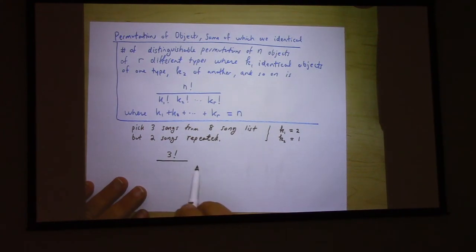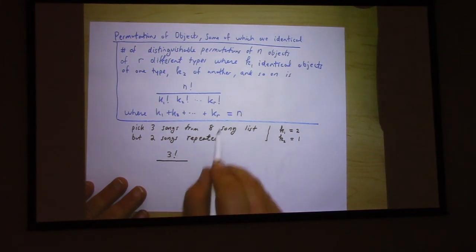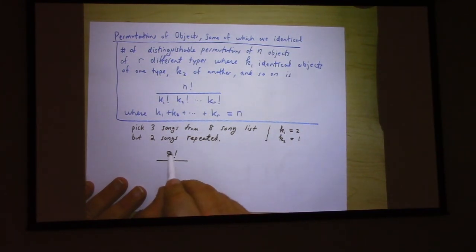Wait a minute, what's n? My bad. n is 8. So 8 factorial divided by 2 factorial, 1 factorial.